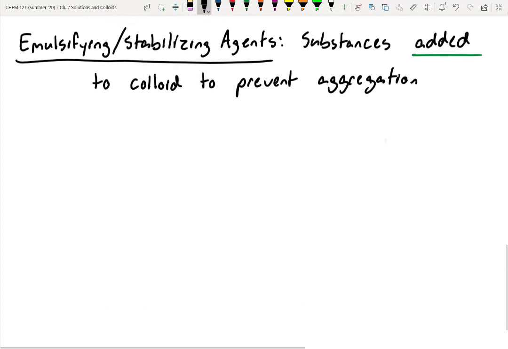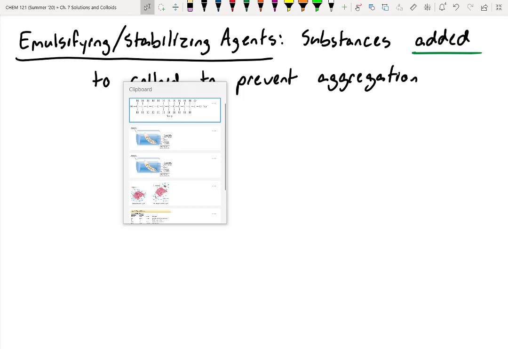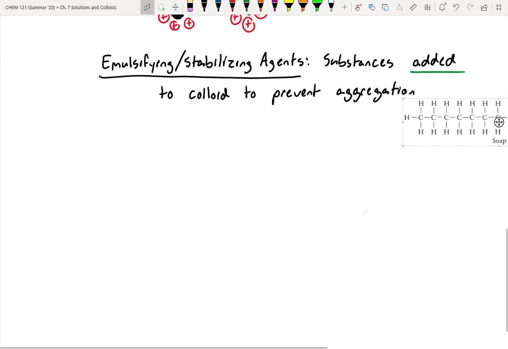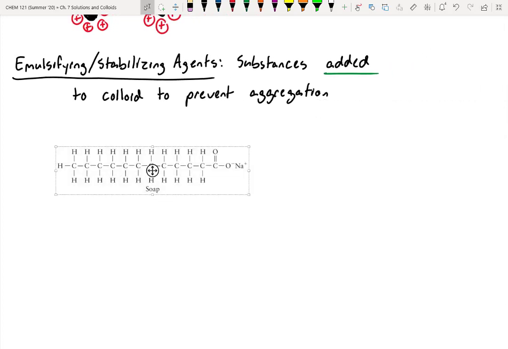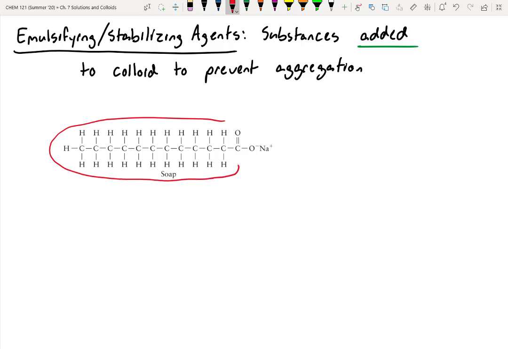So a good example of this is, let's imagine that we have really finely dispersed tiny micro oil droplets, right? Well, what you could do is, if you want to prevent those oil droplets from forming a layer, you could add in something like soap. And so this would be a good example of an emulsifying or stabilizing agent for oil, because this part over here is attracted to oil.